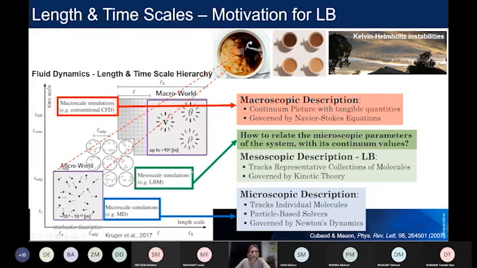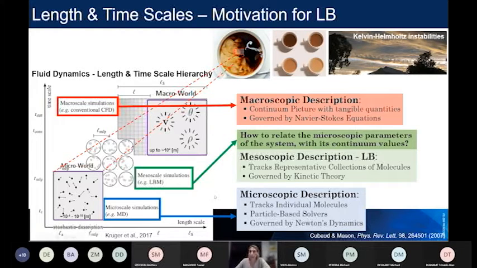So there are some intermediate techniques at the mesoscales that allow us to relate those microscopic parameters to the macroscopic scale. And that's why basically the Lattice Boltzmann comes into play, because we can achieve this connection between those two different time and length scales.